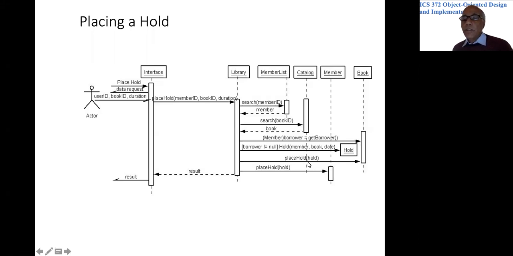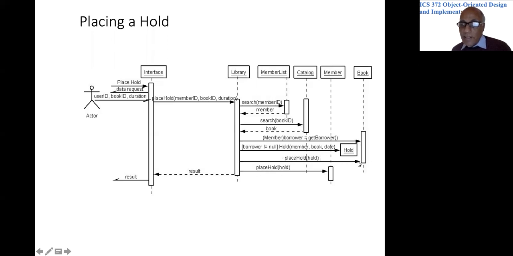Then we put this hold object in both the book and the member. This is a many-to-many relationship, as we have emphasized several times, and both the book and the member objects point to the same hold object. So see, this hold object was created, and that hold object is passed to both the book object as well as the member object through this place hold method.